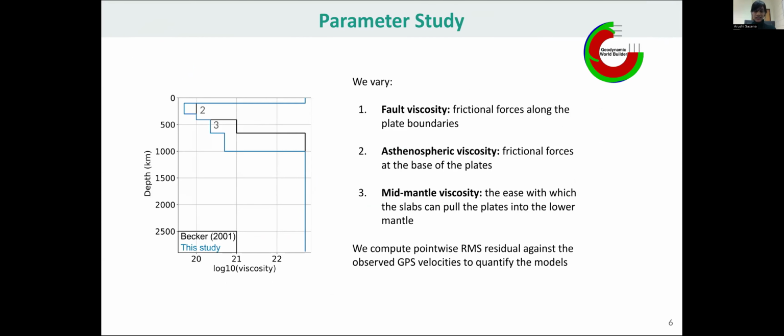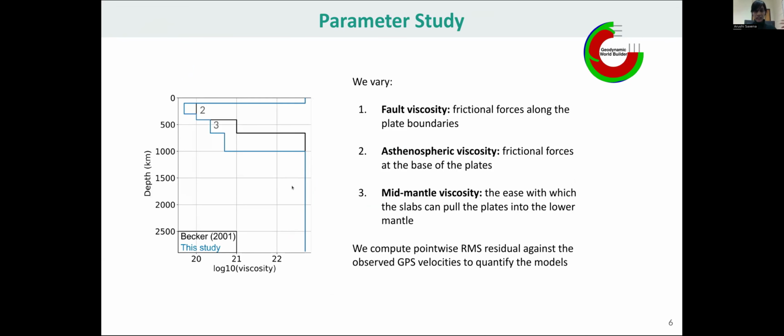Because there are uncertainties in the rheological profile, we vary three parameters. First is the fault viscosity, that is the frictional forces along these plate boundaries, and that describes how easily the plates can move with respect to each other. We also vary the asthenosphere viscosity, which defines how easily the plates can drag at the top of the asthenosphere.